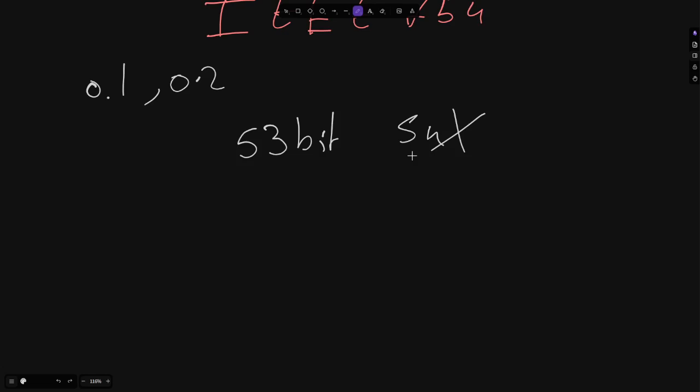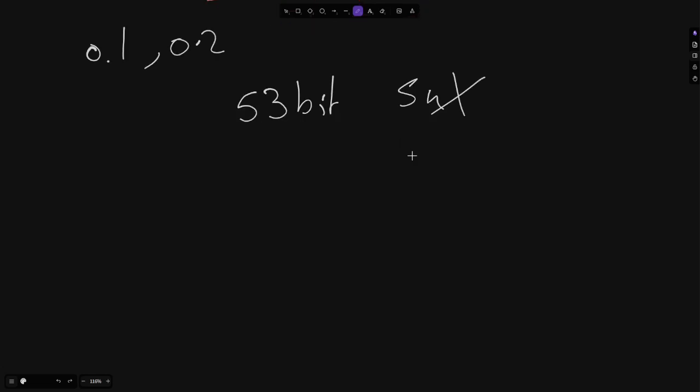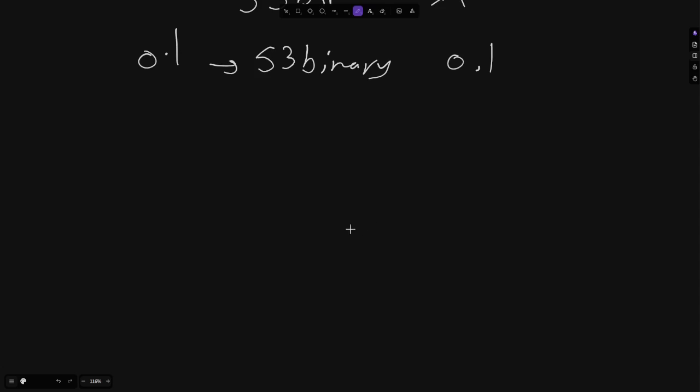So it has to chop a number off and rounds it to fit. The number stored in RAM isn't 0.1, it is the closest possible value to 0.1, the closest 53-bit binary approximation of 0.1.